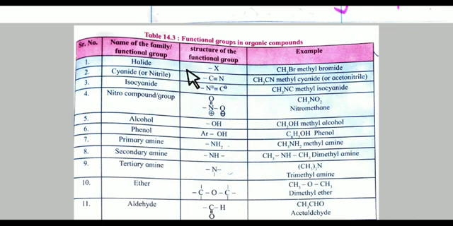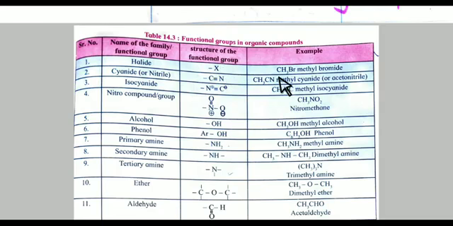If you attach it to X, X means halogen, and in the halogen family there are 4 atoms: bromine, chlorine, iodine and fluorine, or you can say bromide, chloride, iodide and fluoride. So these 4 are X.